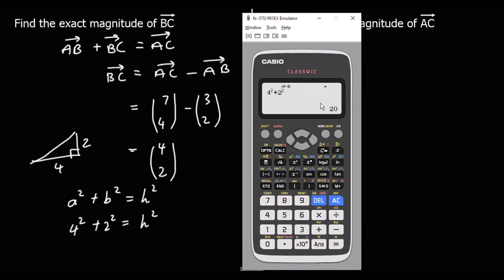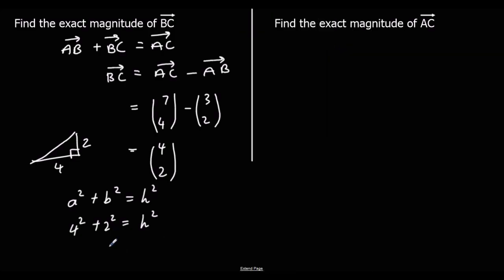So we've got 20. H squared is 20. H is the square root of 20, which is the same as 2 times root 5.